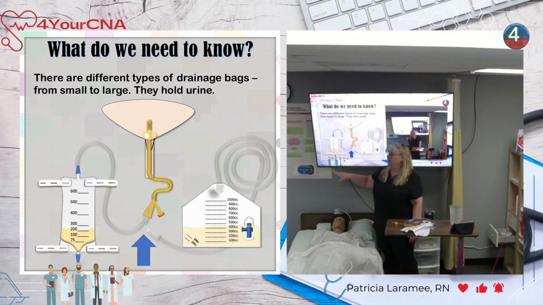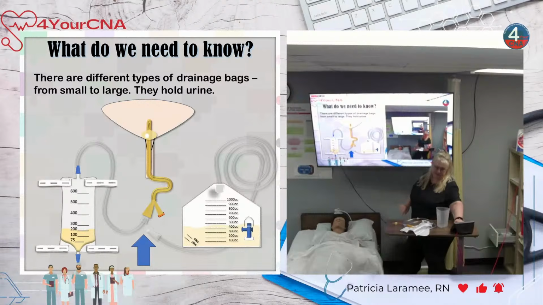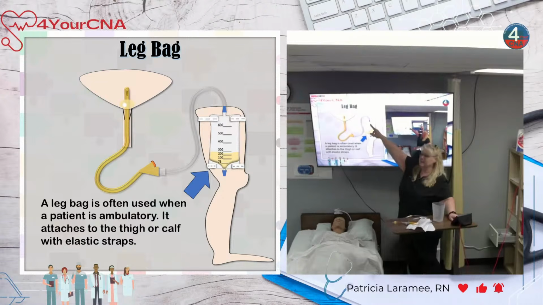And that's where a leg bag comes in. Leg bags connect to the catheters just like bedside bags connect to the catheters. No difference. The only difference is it's smaller and could be attached to the inside of the thigh or the calf and covered with clothing. Self-contained. People are walking around Walmart right now with a catheter and you have no idea it's there.